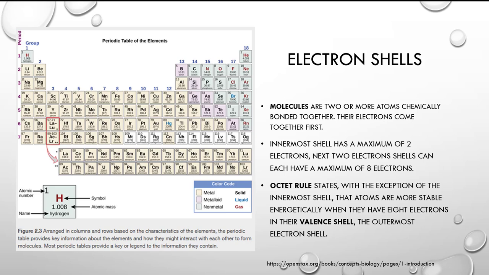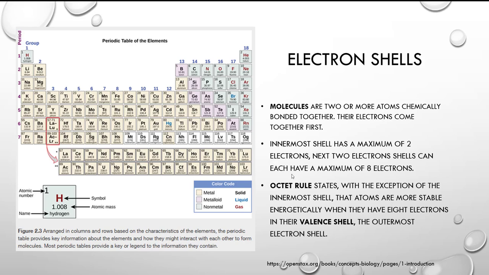Fluorine could gain that extra electron, fill its outermost shell, and be in its happy state. So these atoms can interact with each other to form molecules and bond. They're sharing their electrons, or giving up or exchanging electrons.